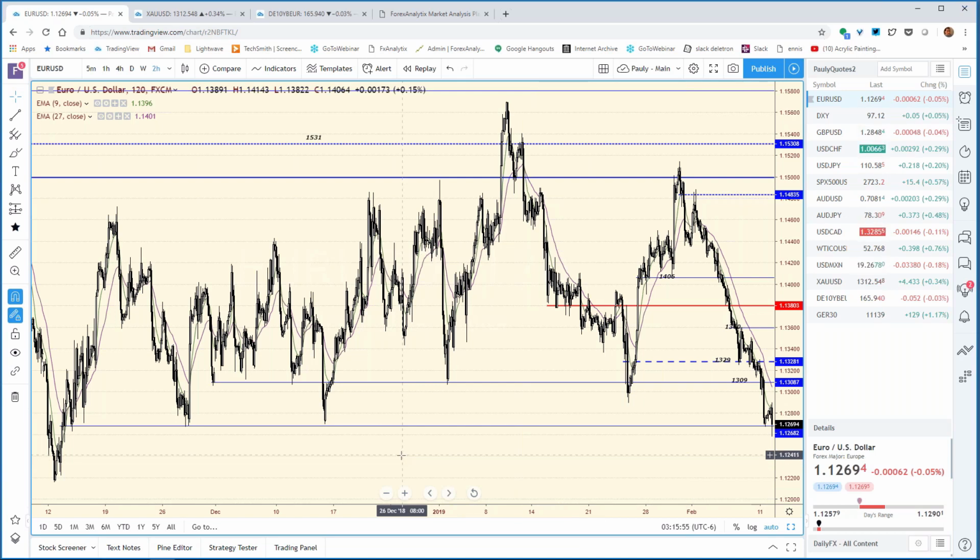There's a little bit of support in here. It actually doesn't even come until right there, 1234. So we'll find a little bit of a respite at 1234, just a little bit.